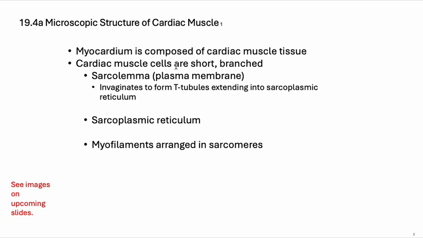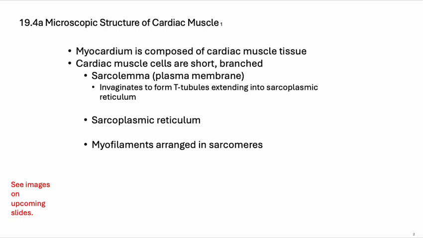So one, the cells are going to be short and branched. Instead of being long and fibrous like skeletal muscle, or tapered and spindle-shaped like smooth muscle, cardiac muscle tissue is going to be kind of cylindrical but then branched as well, right?